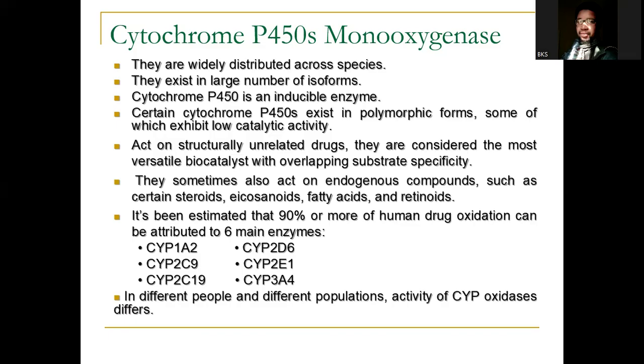So this particular property is even used, most especially in environmental biochemistry, specifically bioremediation. You can isolate an enzyme from a microorganism that is able to metabolize a lot of pollutants in the environment.